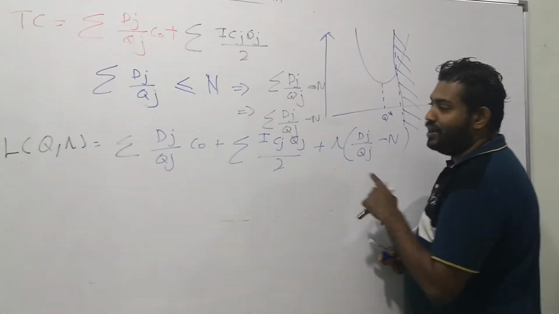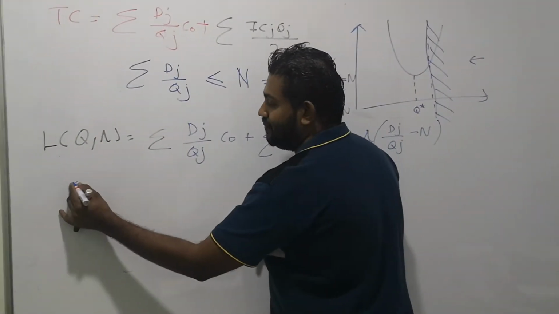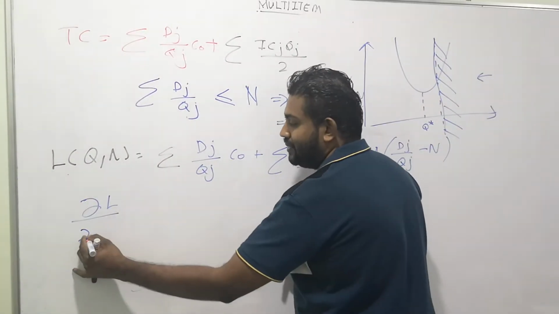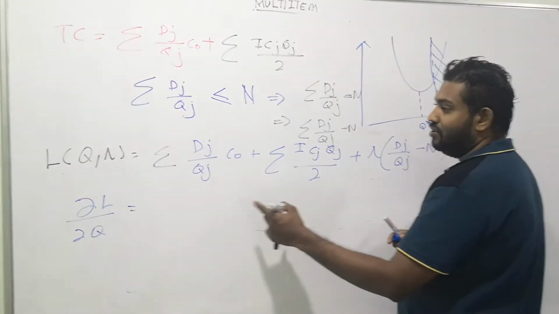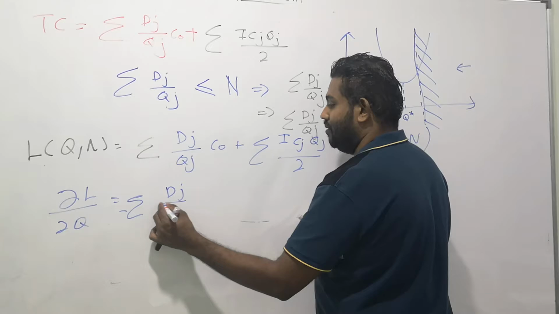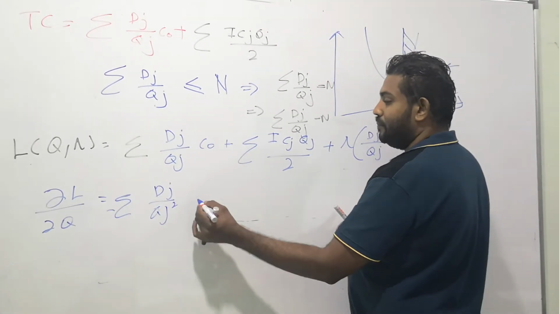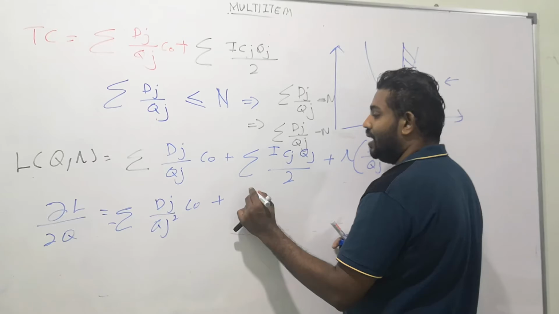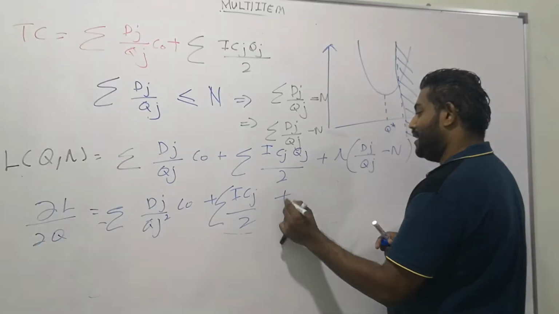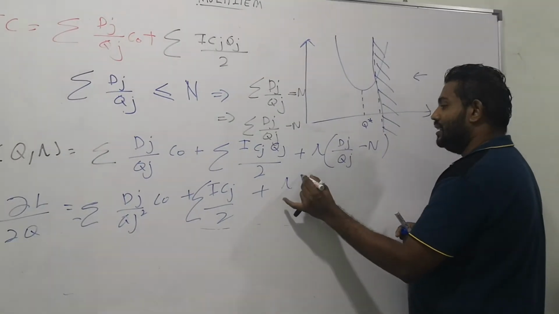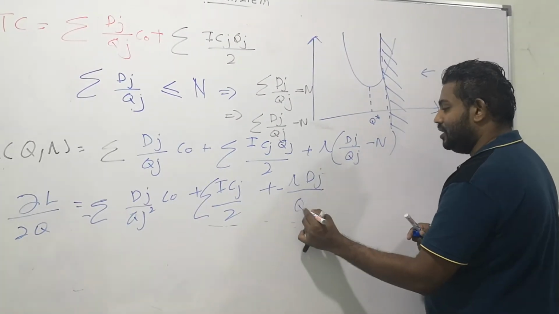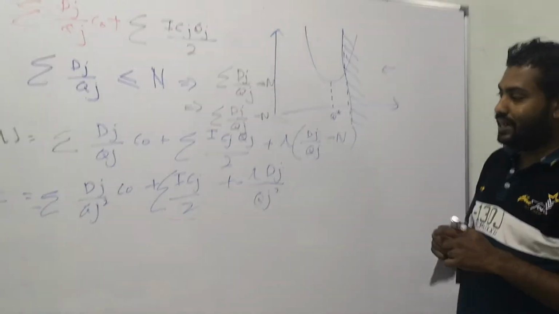And do remember, if you want to find the optimal quantity, we do the same thing, where we use the first derivative, differentiating the whole equation with respect to q, and you will get the summation of negative dj over qj squared times c naught plus I cj over 2, plus alpha dj over negative qj squared.